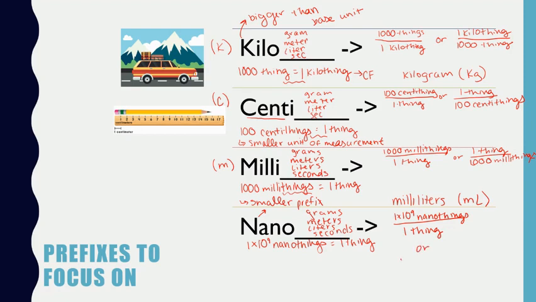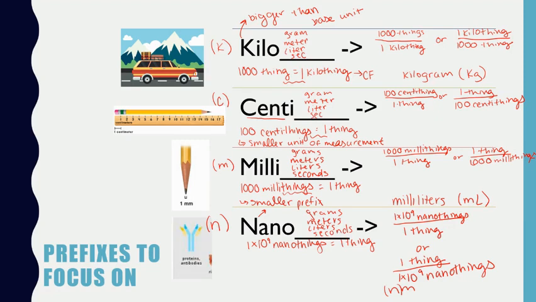Or depending on what we're trying to cancel out, we can say for every one thing or for every 1 meter, we have 1 times 10 to the 9th nanometers or nano things. When we're looking at nano, here we're going to represent that prefix with the lowercase n. So if we were doing nanometers, we could represent that with nm, where the n tells us nano and the m tells us meters.